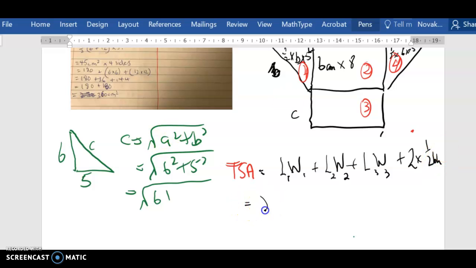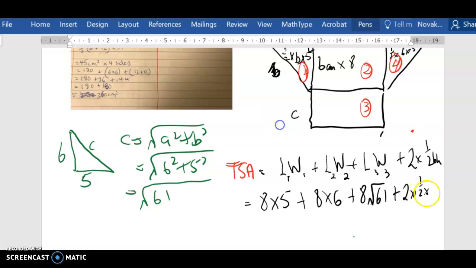So we have 8 times 5 plus 8 times 6 plus 8 times root 61 plus 2 times a half times 5 times 6.